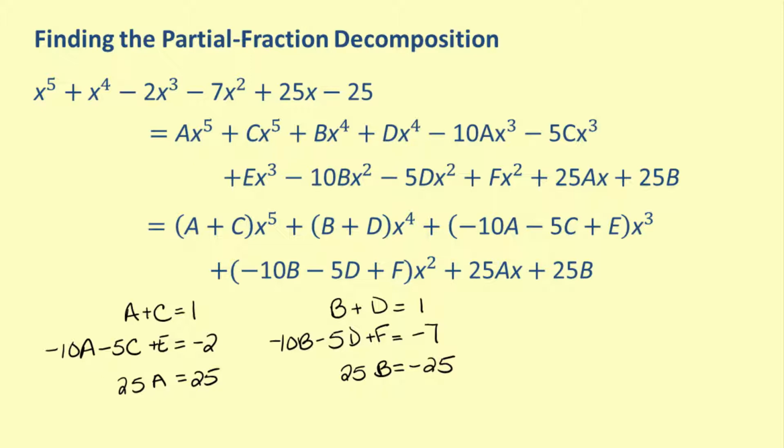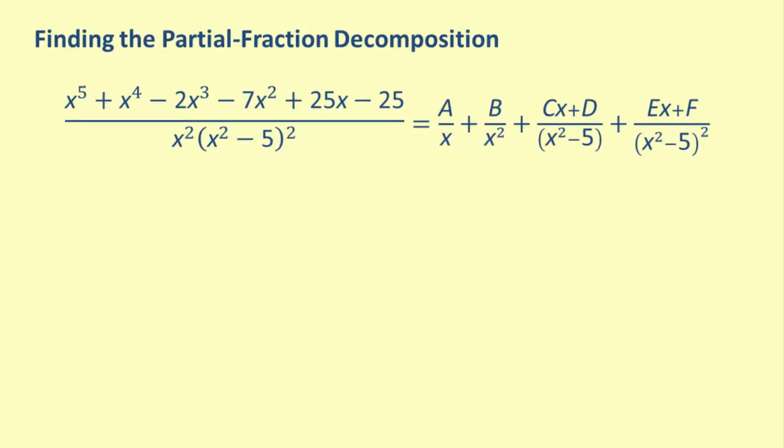Solving this system of equations gives us integer solutions of a equals 1, b equals negative 1, c equals 0, d equals 2, e equals 8, and f equals negative 7.